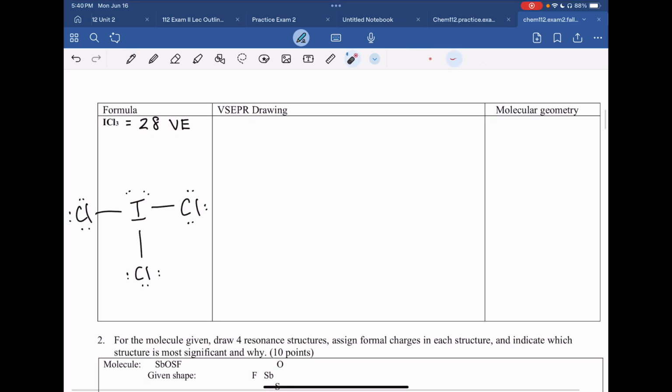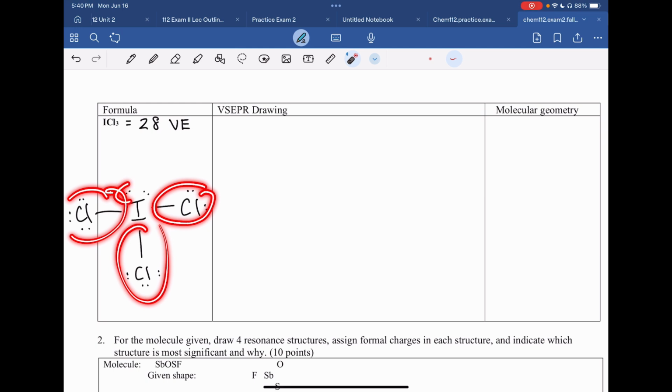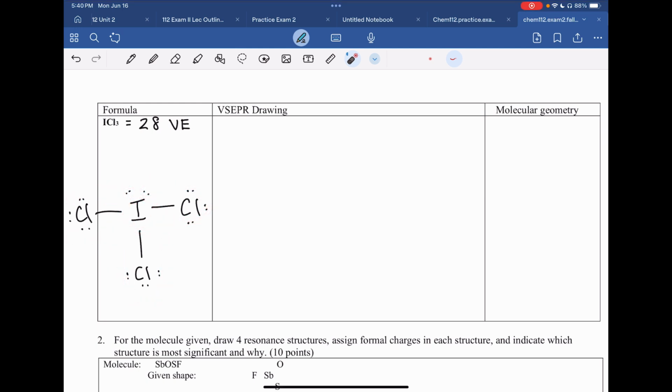What is the electron geometry? Remember, electron geometry is things it's holding on to. So it's holding on to one chlorine, one chlorine, one chlorine, that's 3, 4, 5. 5 things. 5 things is trigonal bipyramidal.